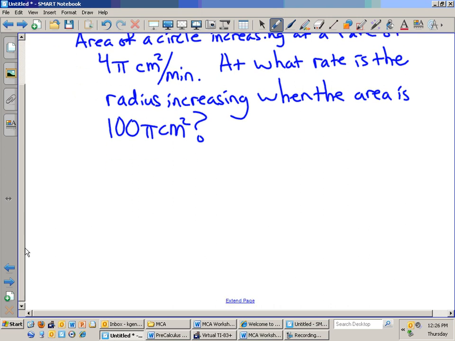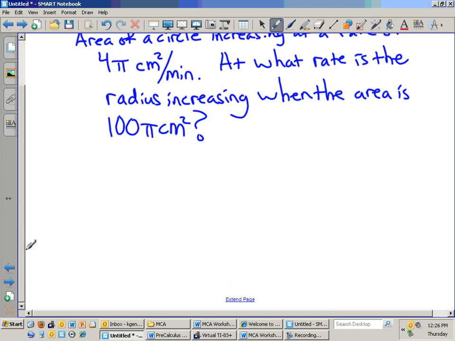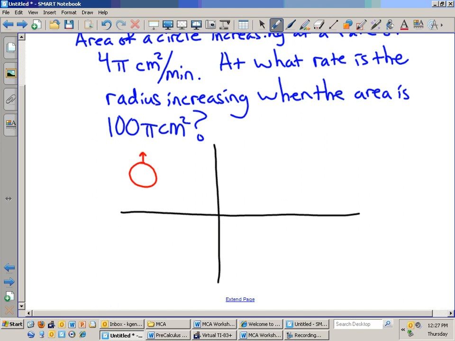I like to divide this problem up into 4 sections. In the first box, I like to draw a picture of what's happening. I have a circle, and the area is increasing.